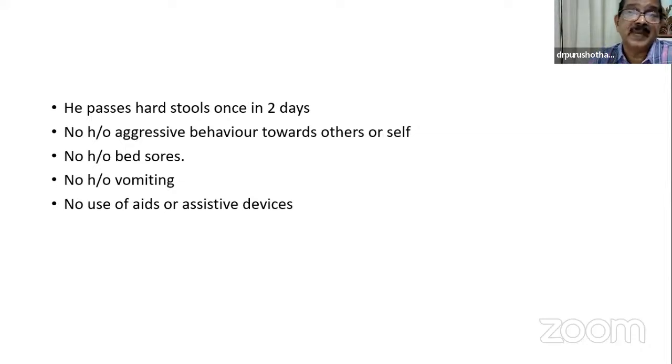But in a CP, the main share is the motor part. But there can be a little bit of cortical sensation, which in this case is not possible. So to what extent the neuraxis is involved is one thing. The second thing is the involvement of the musculoskeletal system due to the neuraxis involvement.